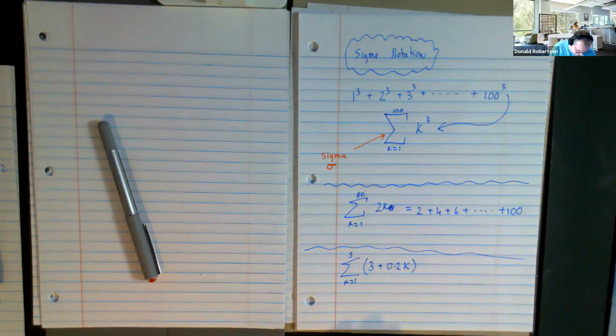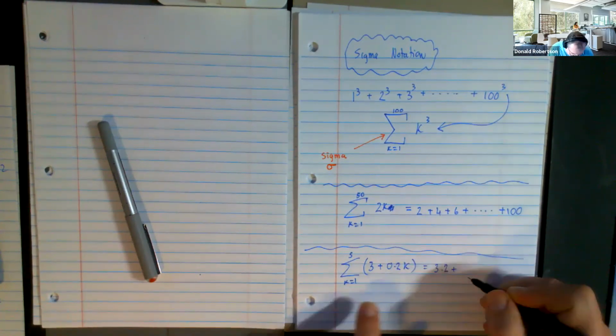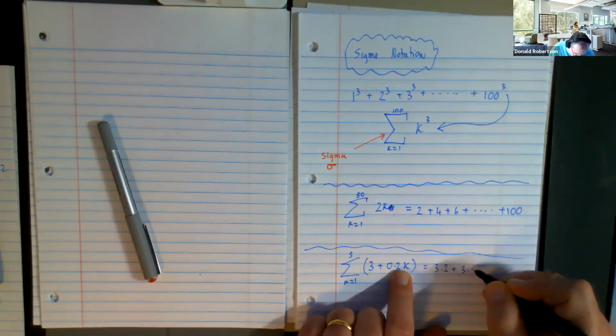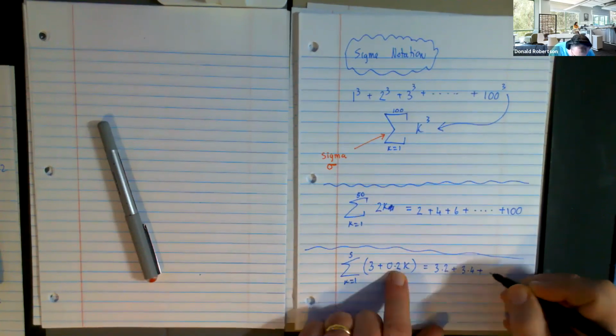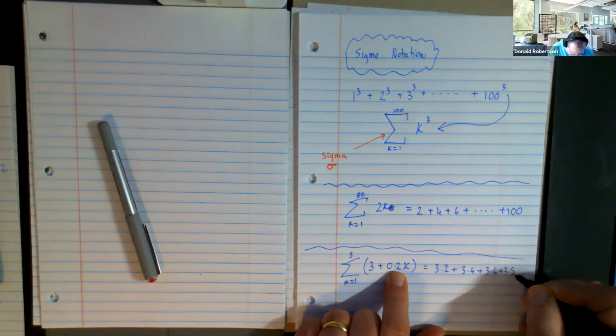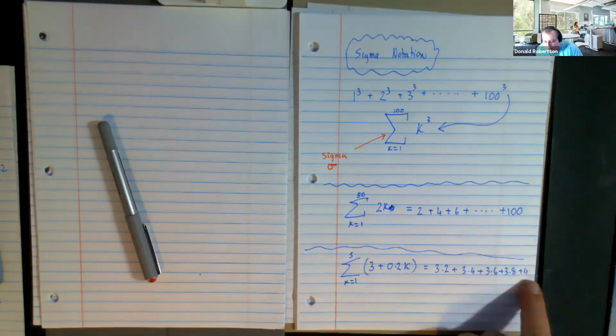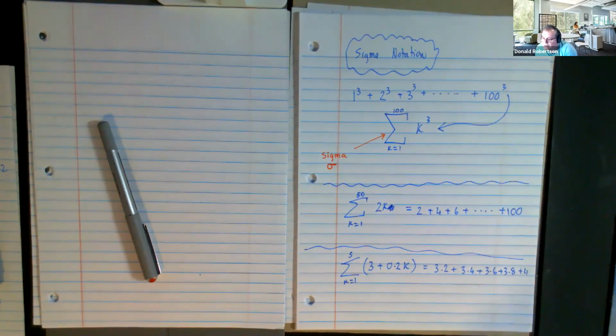So if you plug in 1, won't you get 3.2? If you plug in 2, don't you get 3.4? If you plug in 3, you get 3.6. Then the next one, 3.8. And won't the last one give you 4? And then simply add the whole lot up and get whatever the answer is. It's not difficult to do, it just takes time.